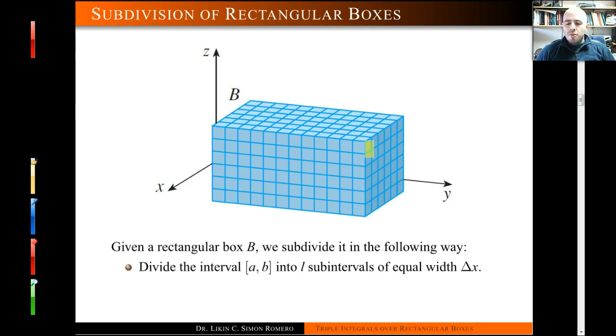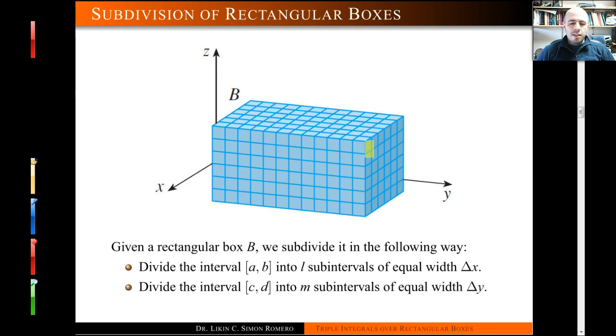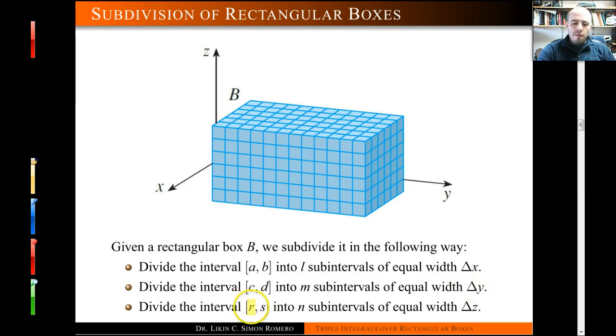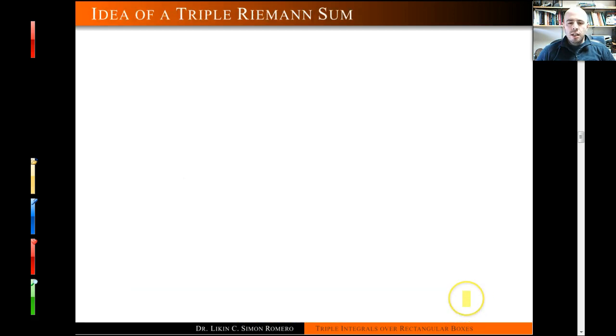We subdivide in this way: we subdivide the interval [a, b] into L subintervals of equal width delta x, we divide the interval [c, d] into m subintervals of equal width delta y, and we do the same for the interval [r, s] into n subintervals of equal width delta z.